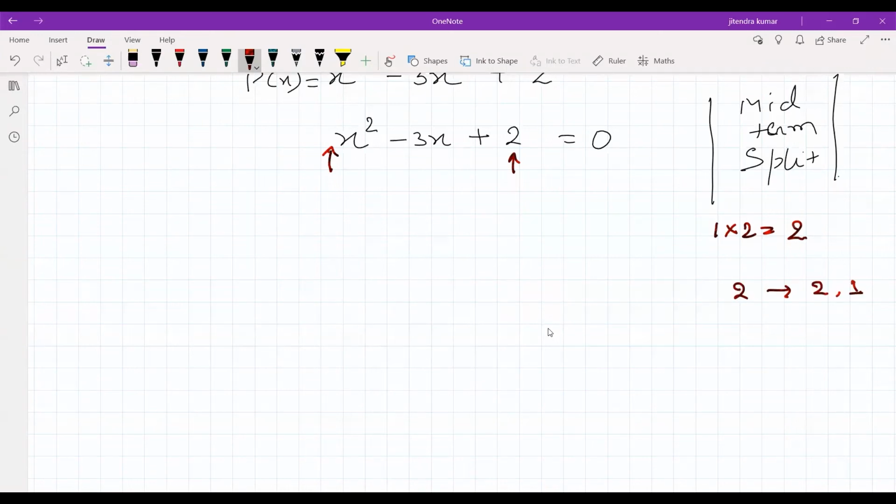Now this is the process that I'm explaining again. We have to use this 2 and 1. We have to add or subtract, anyhow we have to get -3 here. So to get -3, you can add them with negative signs like this.